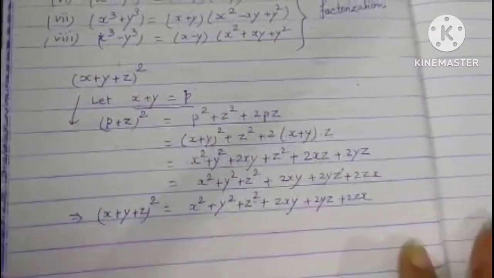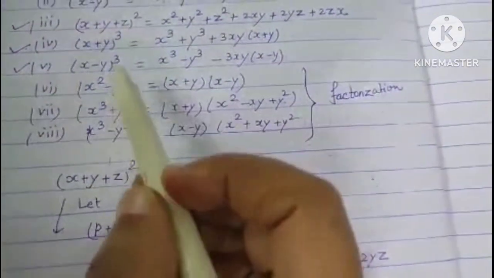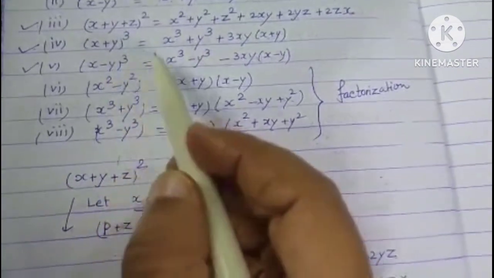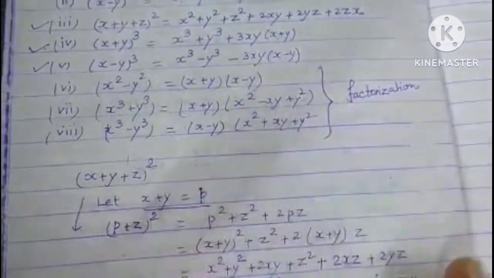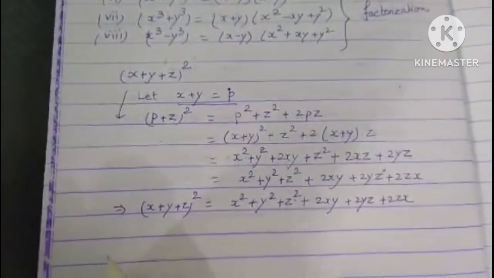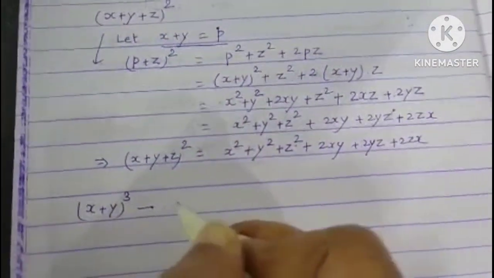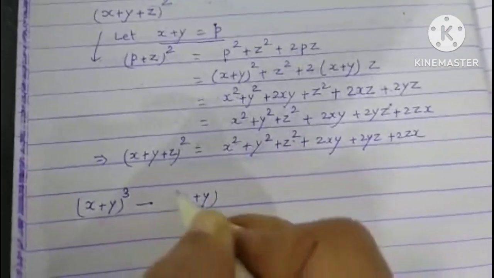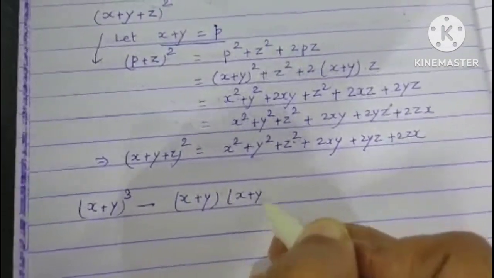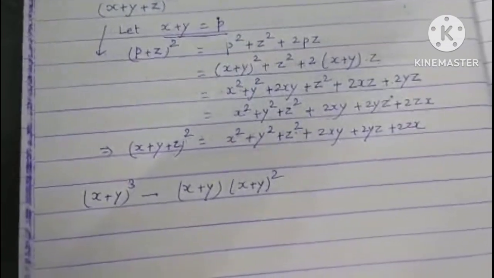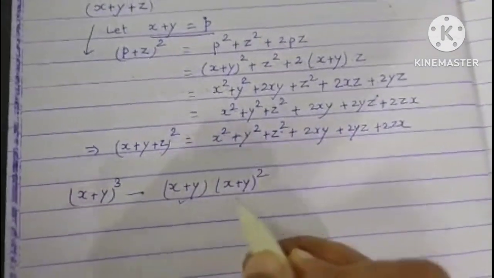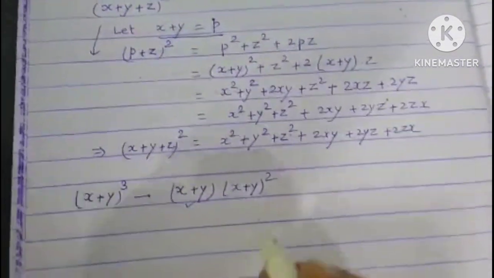Now let us see another one. Which one? This one: (x plus y) whole cube equal to x cube plus y cube plus 3xy (x plus y). This one you can write like this: (x plus y) into (x plus y) whole square. 1 and this 2, so it will become 3.